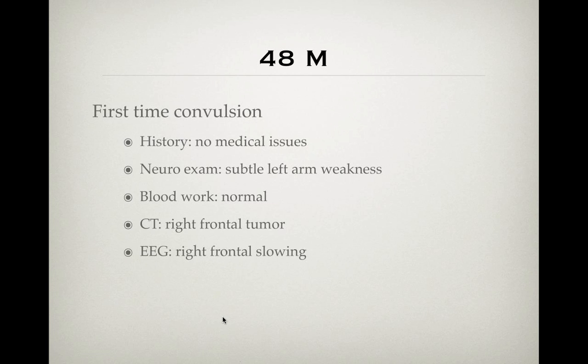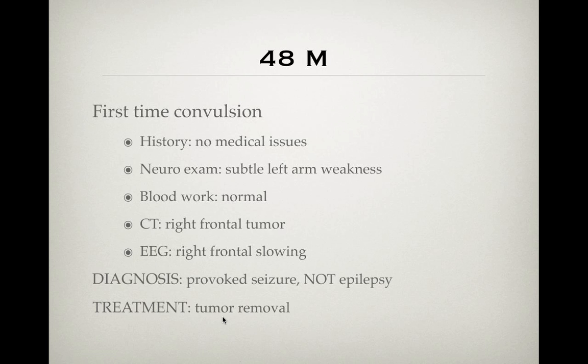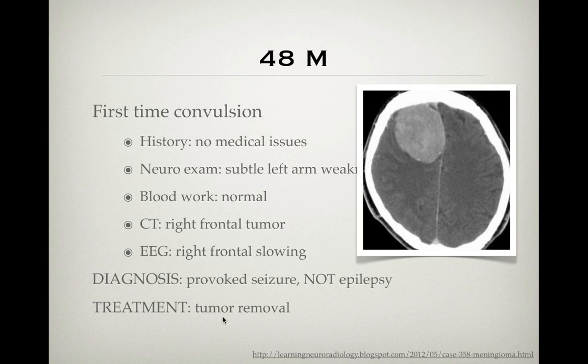The EEG was done because it was a seizure, and it showed just some slowing, which means that area of the brain is not functioning properly and is a little bit slower than the rest of the brain. So the diagnosis isn't epilepsy; it's actually a provoked seizure, a seizure that was caused by something else. And so the treatment is actually just to remove the tumor.